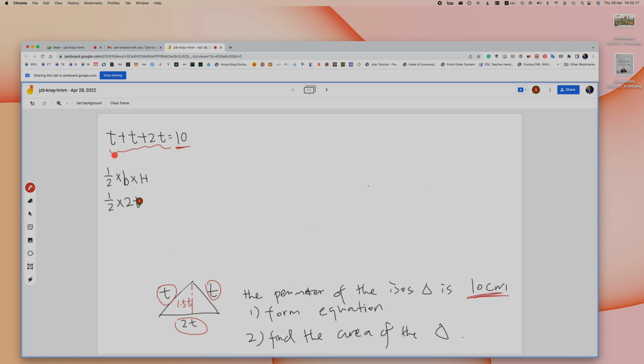Wait, you need to solve the t first. Form equation and solve. Normally you need to solve. Okay. Because without solving you cannot do the second part. Without the t you cannot find this.